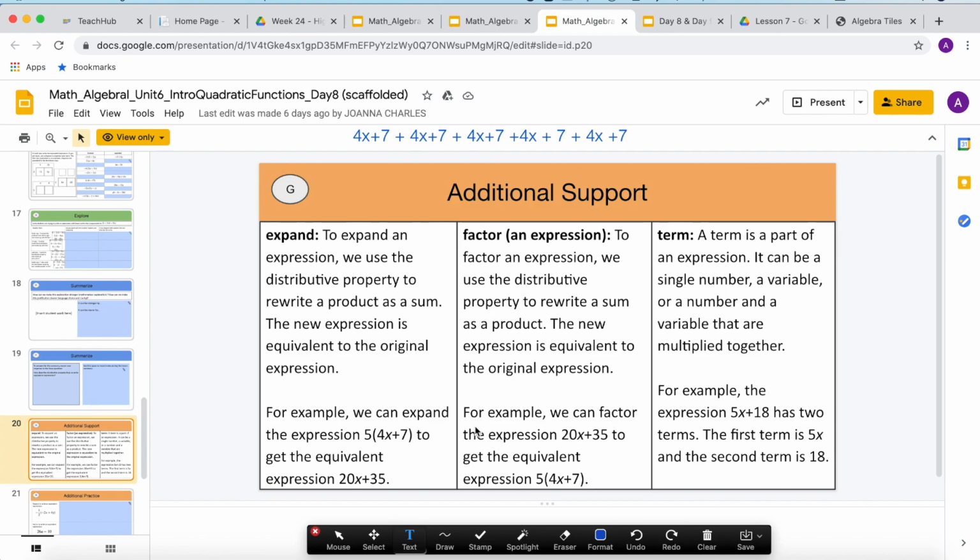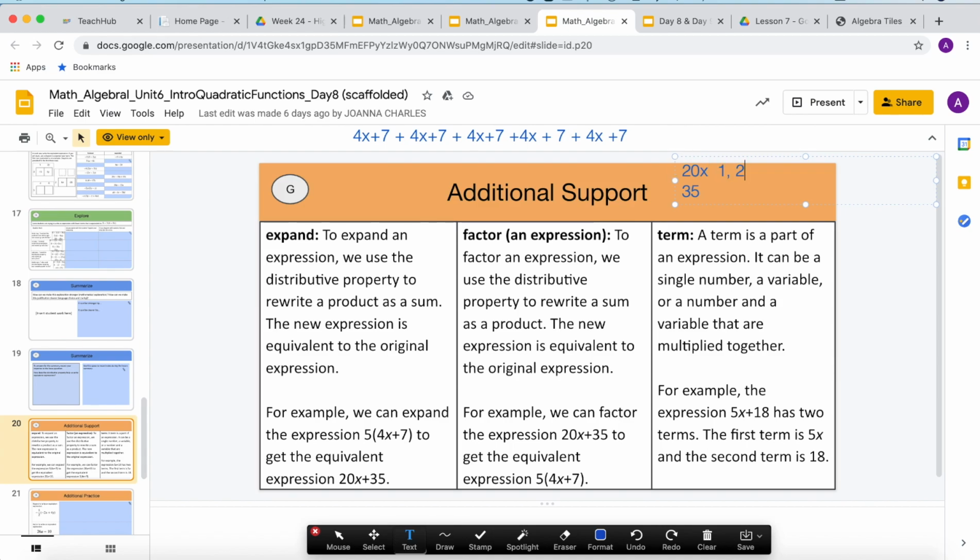Factoring is undoing expansion. It's undoing the distributive property. So the biggest issue that kids have with factoring is they're wondering, okay, what is the GCF? What is the greatest common factor here between 20x and 35? This is a pretty simple one, and most kids will see it's 5. But if they're struggling, you can have them write out the factors.